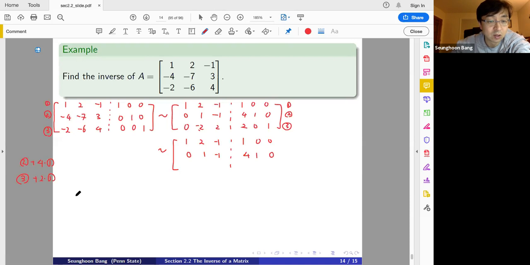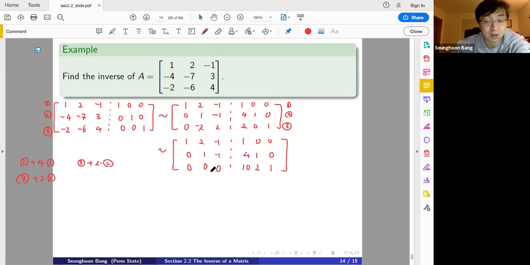You can use this one: the third row plus 2 times the second row. So we have 0, 0, 0. 2 times 4 is 8, and 8 plus 2 is 10. Here, 2 times 1 is 2, and 2 plus 0 is 2, and 1. So we have this kind of thing.